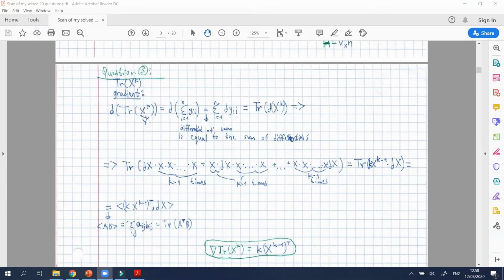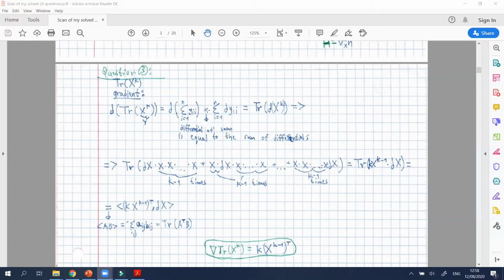So a trace, we actually know what trace is. Trace is just the sum of the diagonal elements of the matrix. So if we call it X^k, and we just sum it up, and we take the differential of this summation, it's equivalent, and we know that the differential of a sum is equal to the sum of differentials.